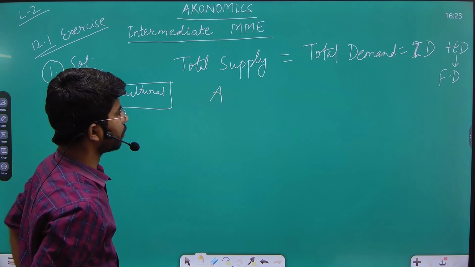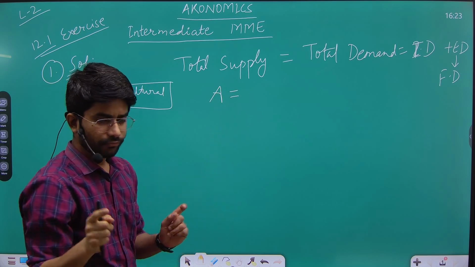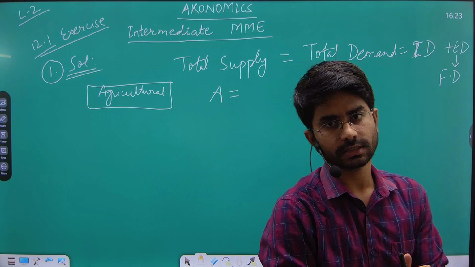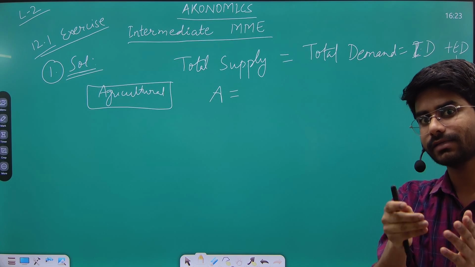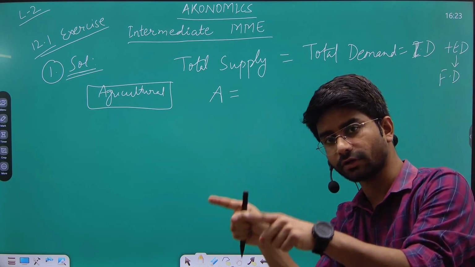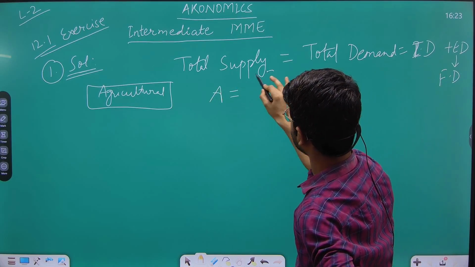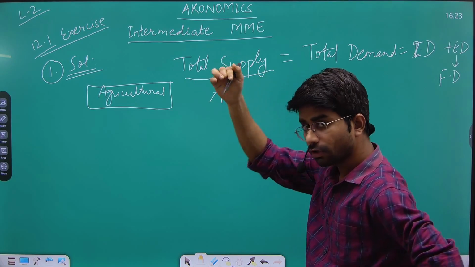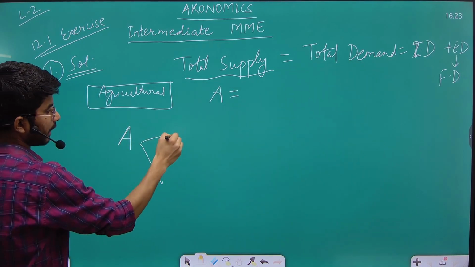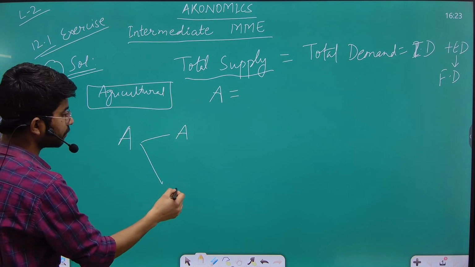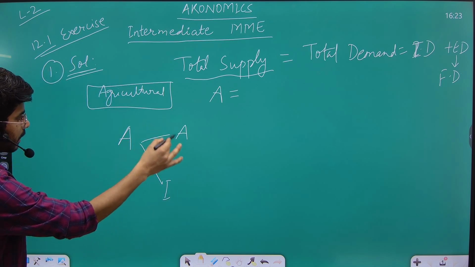That means for the production of 1 unit of A, you required 1/6 of A. That was the internal demand of the good A: 1/6 of A per unit of A. Okay? So the total supply of good A would be A, and A is used in the production of A itself and in the production of what? Industrial sector. Okay? That would be internal demand.